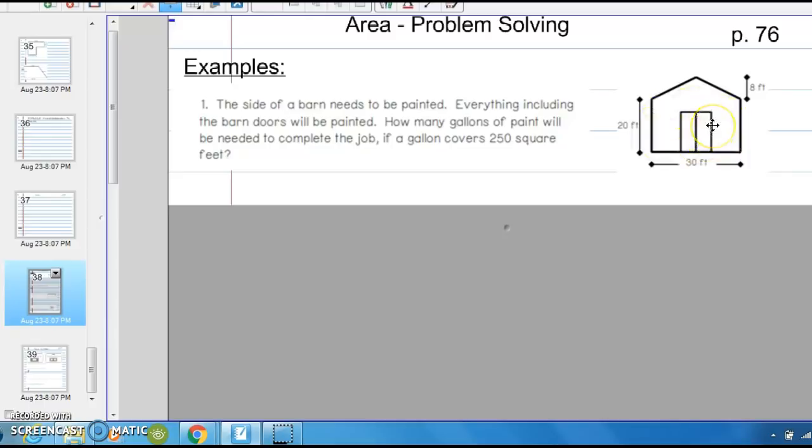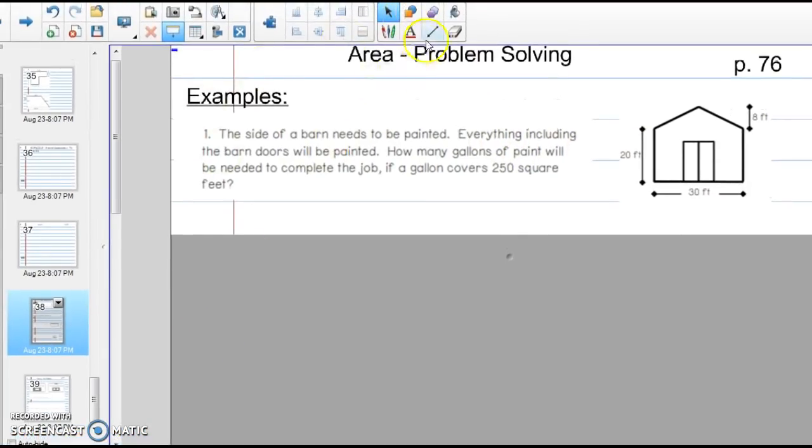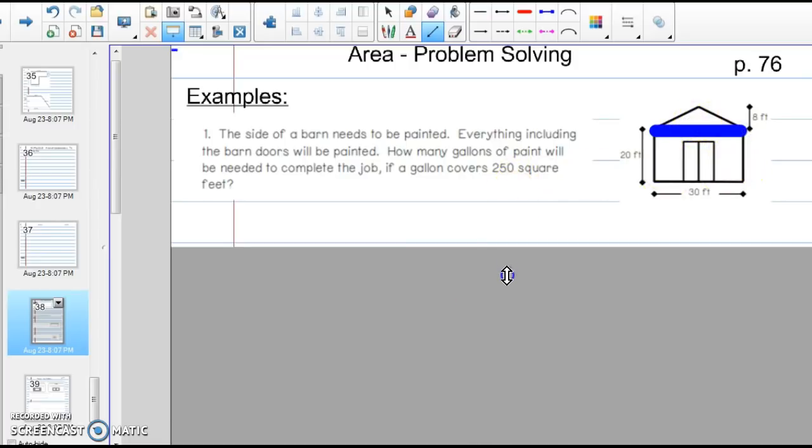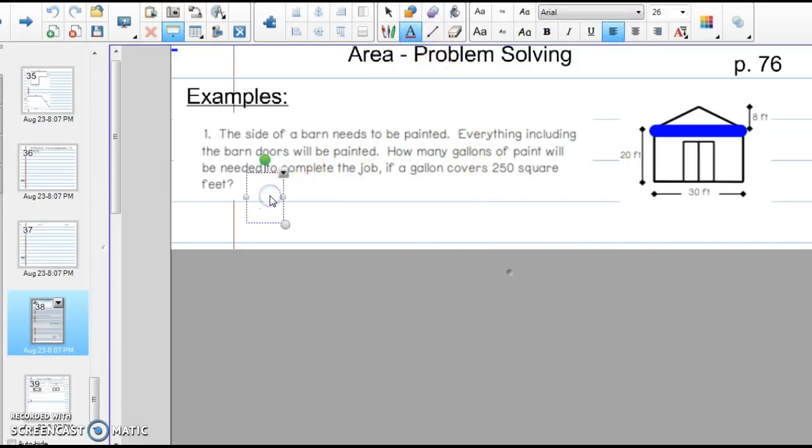Once we find the area of this barn, it's going to tell us how many square feet the paint is going to go on. Okay, so you'll notice that if we take this barn and we subdivide it right here, we have a rectangle and a triangle that we need to find the area of. So let's start with the rectangle first.